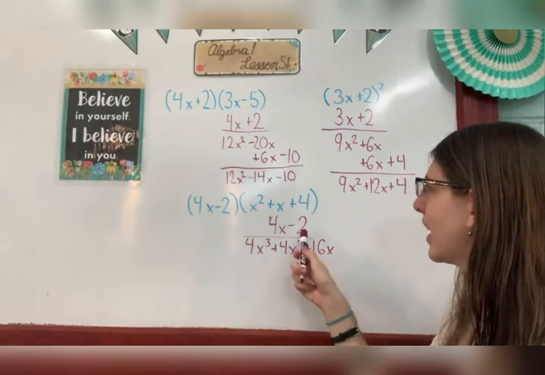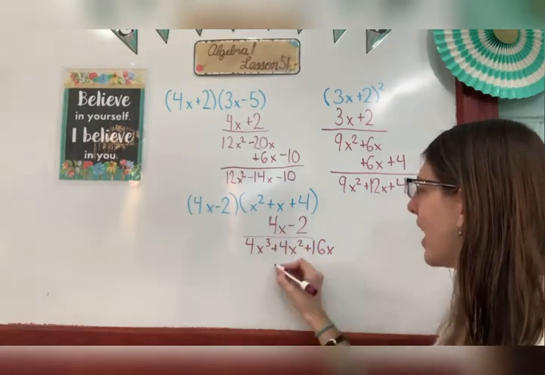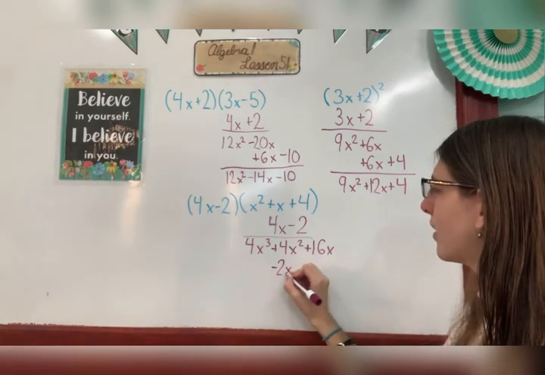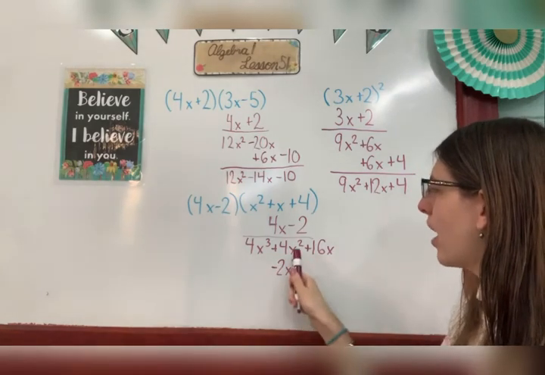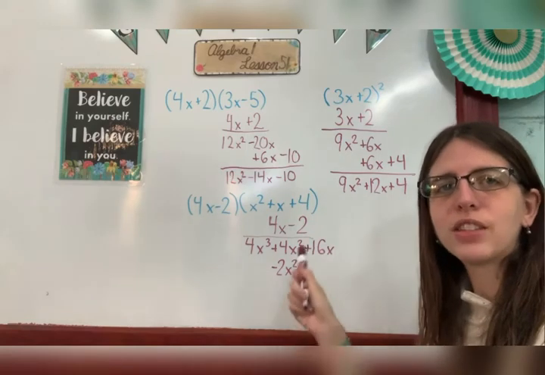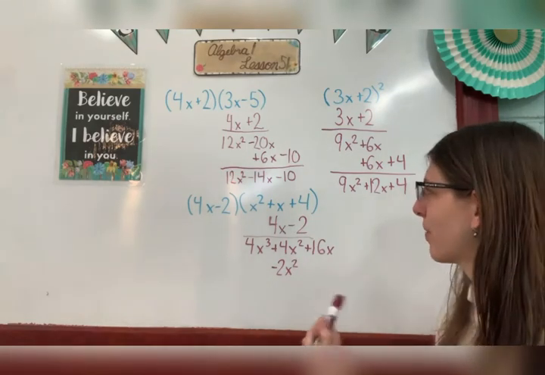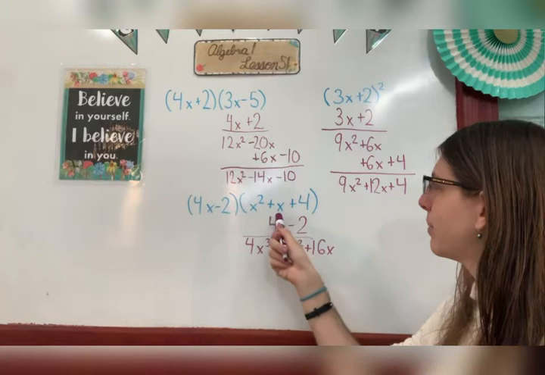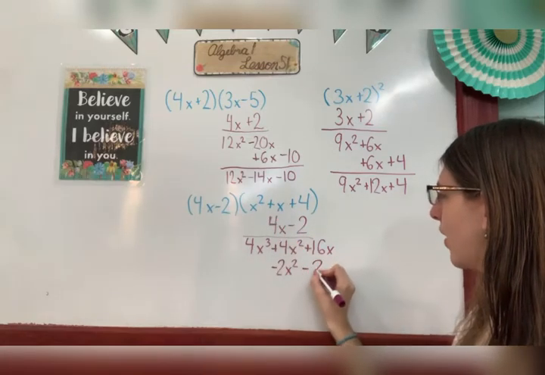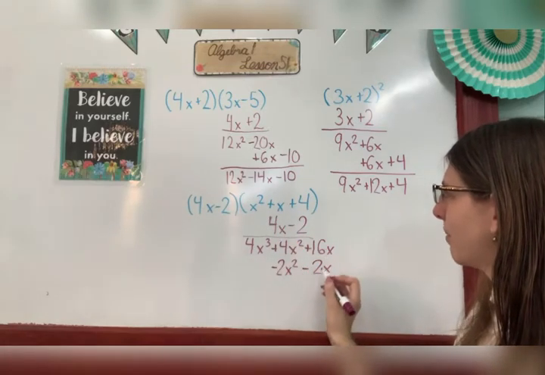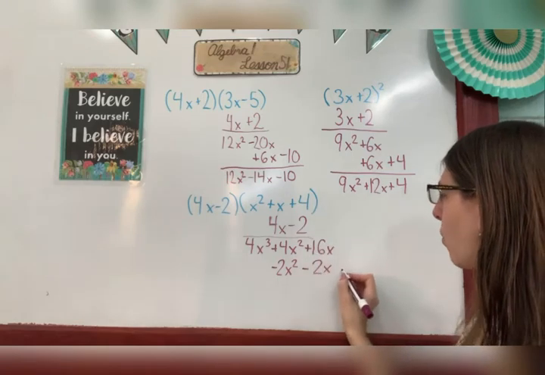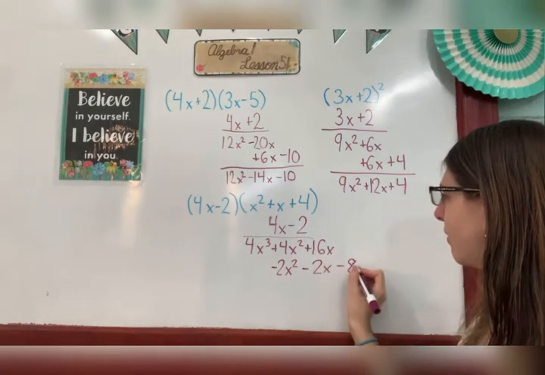Okay, now I have negative 2 times x squared is negative 2x squared. So make sure that you put it under its like term. So you have both of your x squareds stacked on top of each other. Negative 2 times x is negative 2x, so that goes under my other x. Negative 2 times 4 is negative 8.